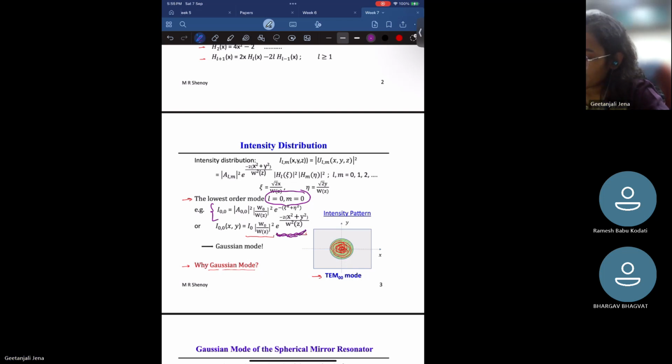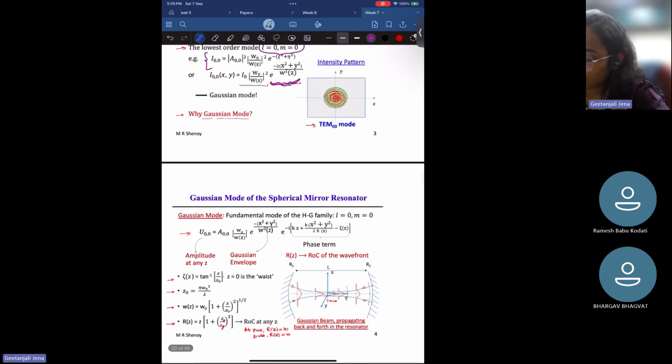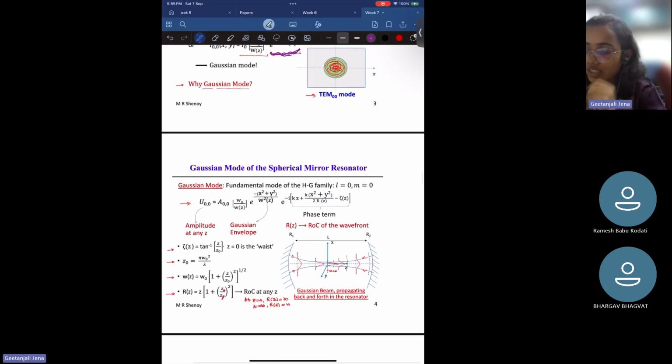For the spherical mirror resonator, if you first take the amplitude term U00, there is an amplitude term A00 W0 by W(z), and there is a Gaussian envelope, which is e to the power minus (x squared plus y squared) divided by w squared(z), and there is a phase term here.